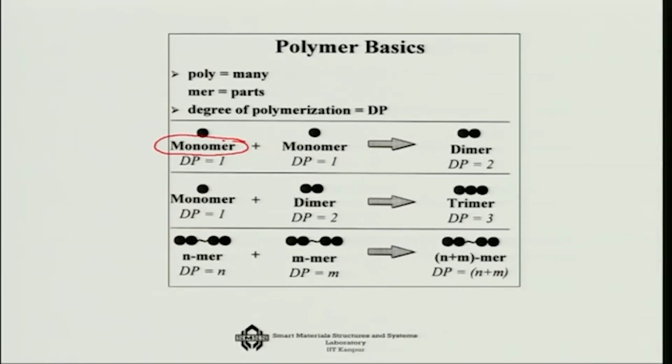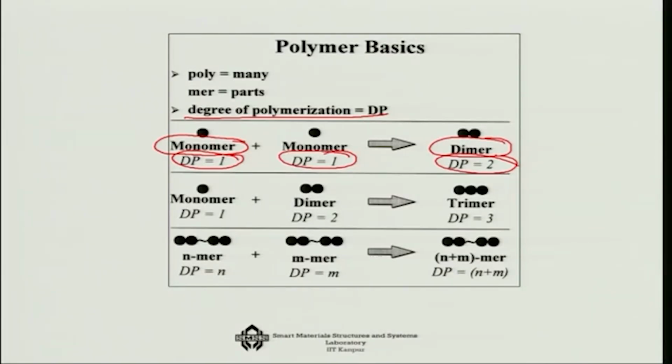Now once I consider two monomers together, if they join their hands, then they become a dimer. So a monomer also by definition has a degree of polymerization or DP, which is 1. Now if there are two monomers, then the degree of polymerization becomes 2. So for a dimer, the degree of polymerization is 2.